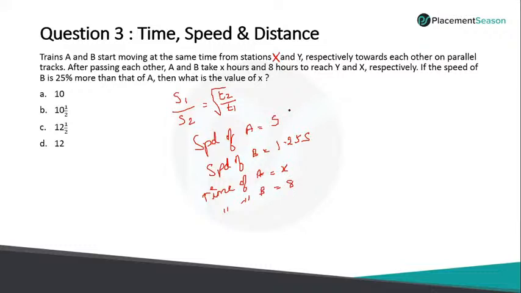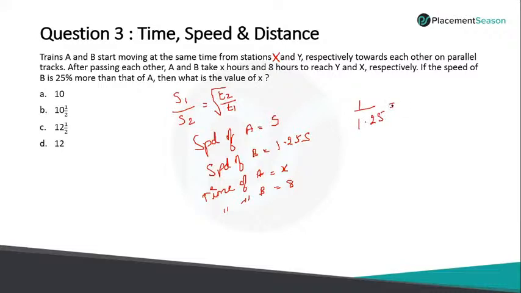So now replace this in the equation. Let us consider this S as 1, one times speed. So let us consider speed 1 is 1. Speed 2 will be what? 25% more than that, it should be 1.25.